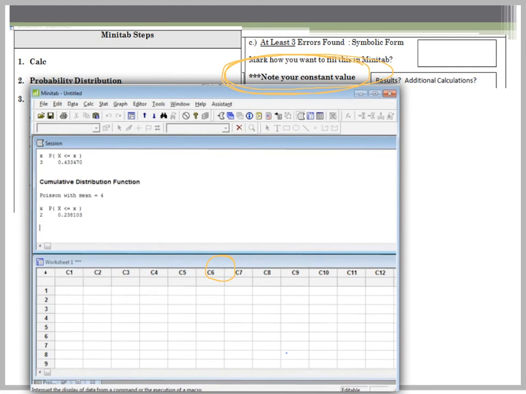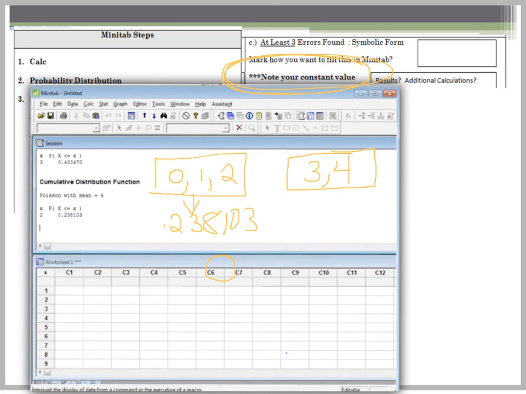So we've taken up 0, 1, and 2 with the probability of 0.238103. But remember, probability is from 0 to 1, so we have all of 100%. So we are interested in the probability of 3 or 4 errors because we want greater than or equal to 3.